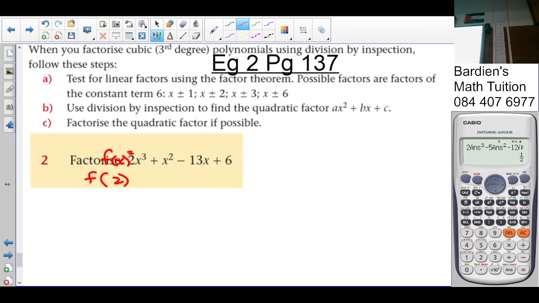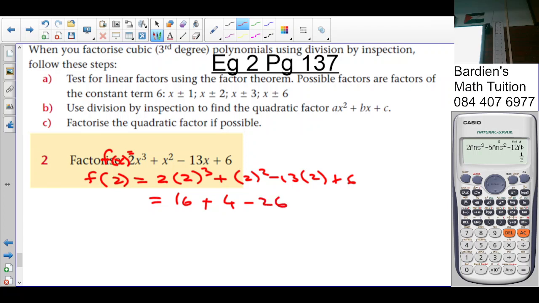Then 2: 2 times 2 cubed plus 2 squared minus 13 times 2 plus 6. That's going to give you 16 plus 4 minus 26 plus 6. That gives us 0. Is that correct? Right. So that's the one.